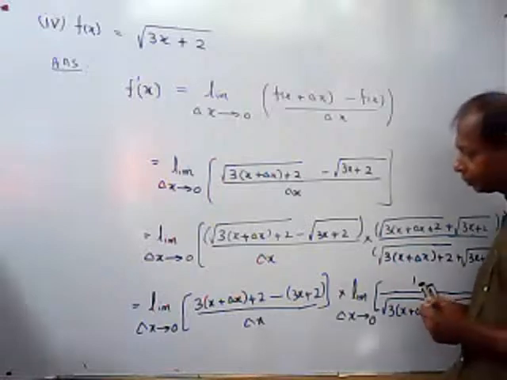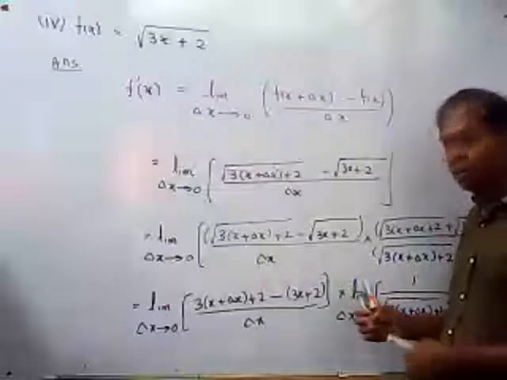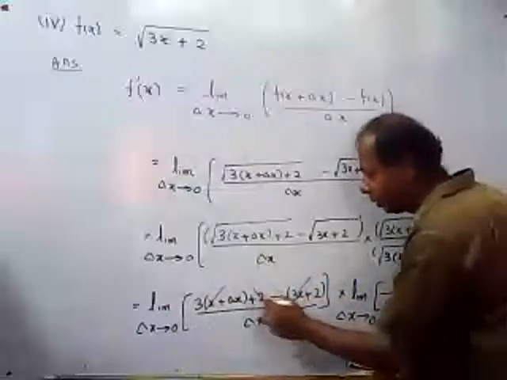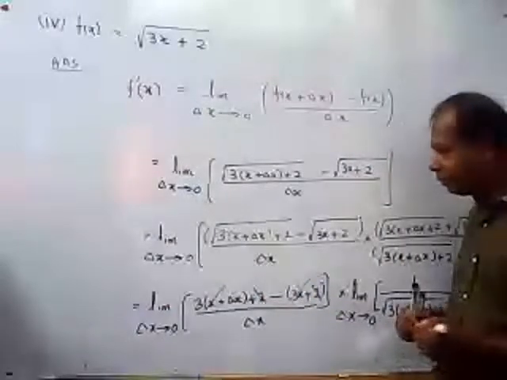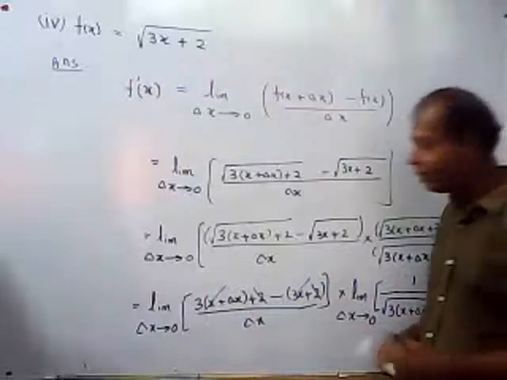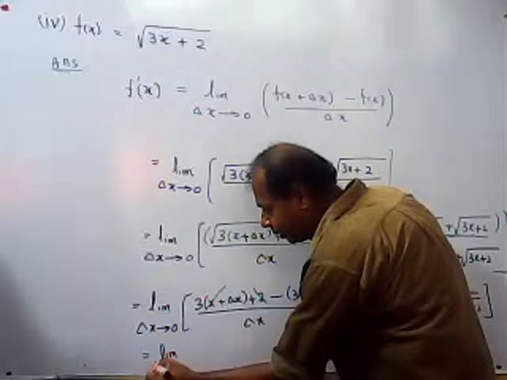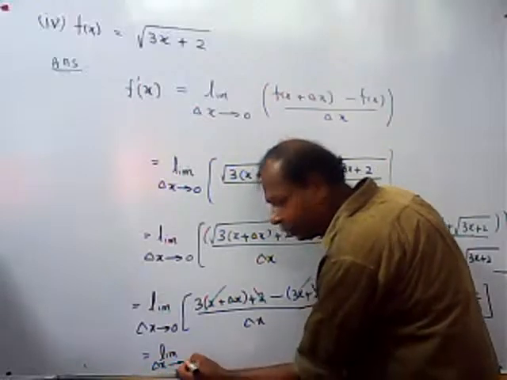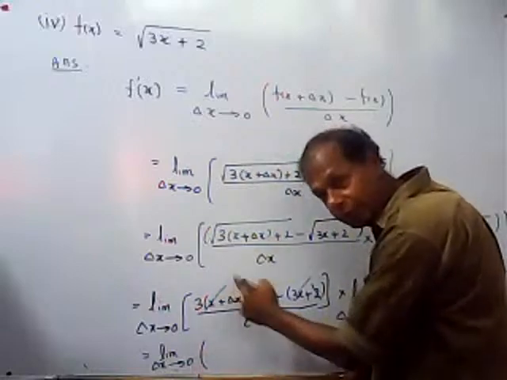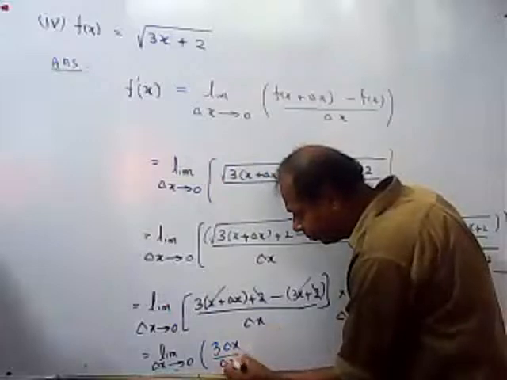Okay. And when you take this part, you see that 3x gets cancelled, so will 2. It leaves just 3 delta x over delta x. So things get simplified. So its limit as delta x goes to 0 gives 3 delta x over delta x.